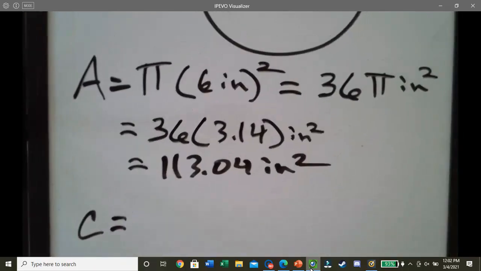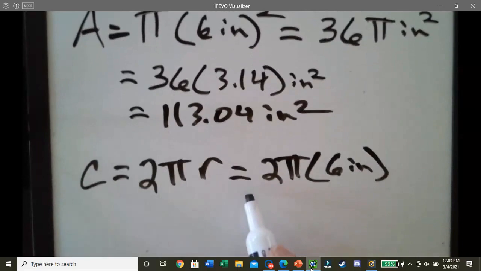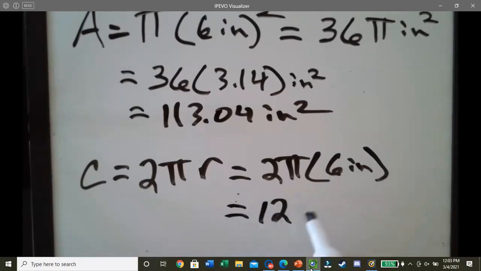So the equation for circumference is what? 2 times what? It's pi times the radius, right? So that would be 2 times pi times 6 inches. Well, if we wanted the answer in terms of pi, this would be 2 times 6 is what? 12 pi inches.